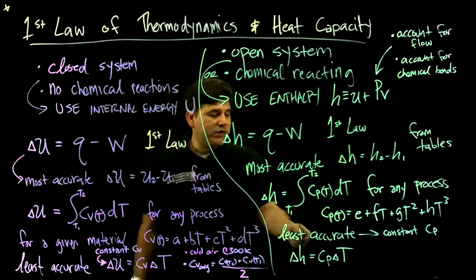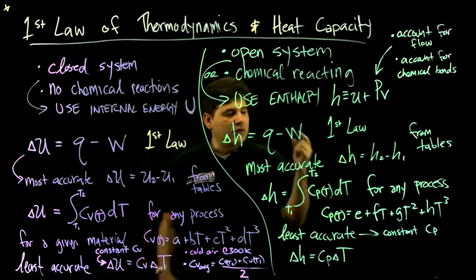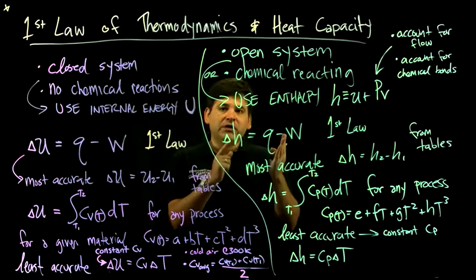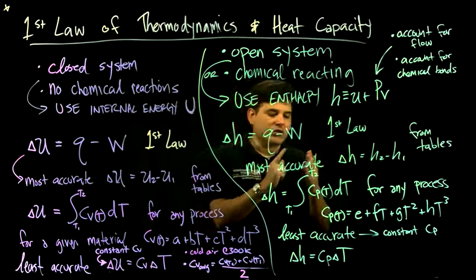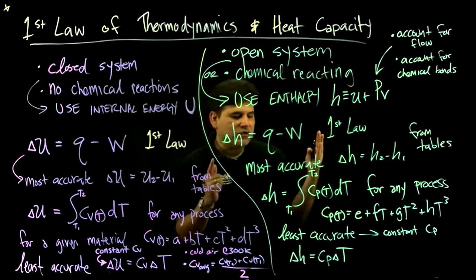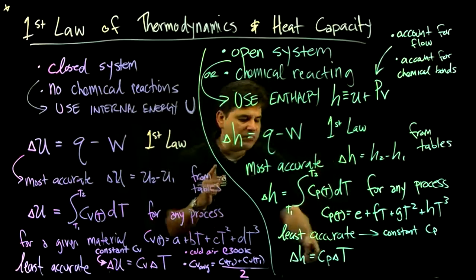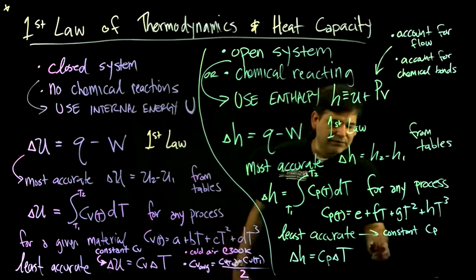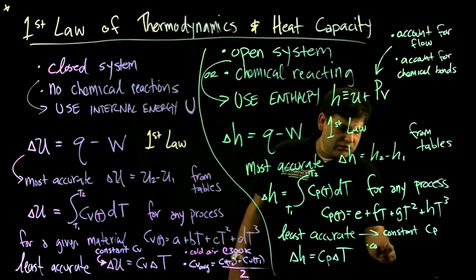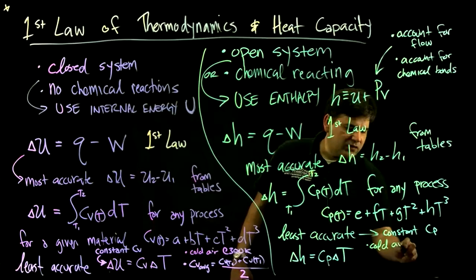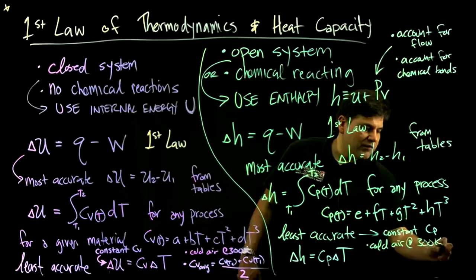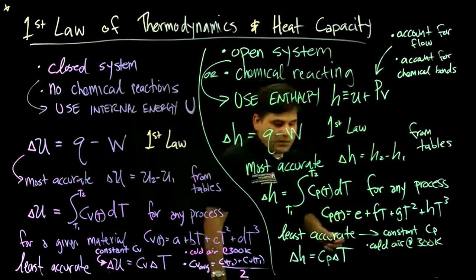And sometimes it's relatively accurate if you use the value of 300 and the temperature change is very close to 300, it's only like 320 minus 300, this will be pretty accurate. But if you have a big temperature difference, it becomes less accurate. So you can use it in the case of cold air at 300 Kelvin. That's one common use of this assumption.